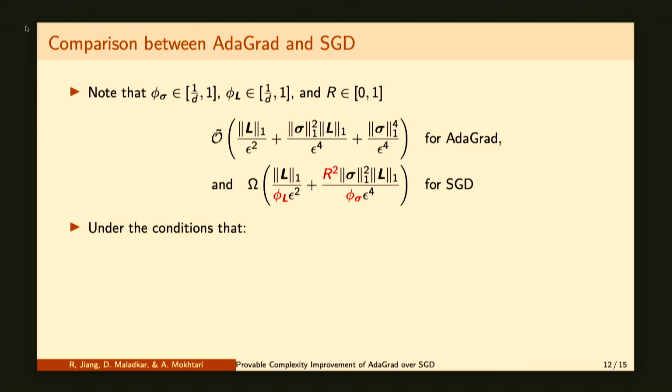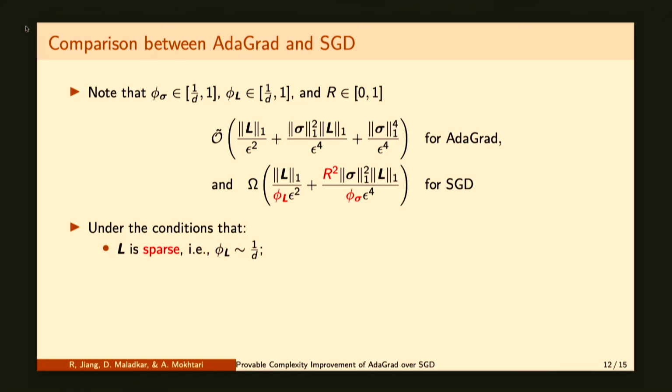You can see that for the first term on SGD, we know that phi L is between 1 over d and 1. So even in the best case, the 1 over epsilon rate is going to be the same as that of Adagrad. So Adagrad does better, at least for that first term, even in the best case for SGD. But these bounds also give us an opportunity to cook up an instance where Adagrad would do at least d times better.